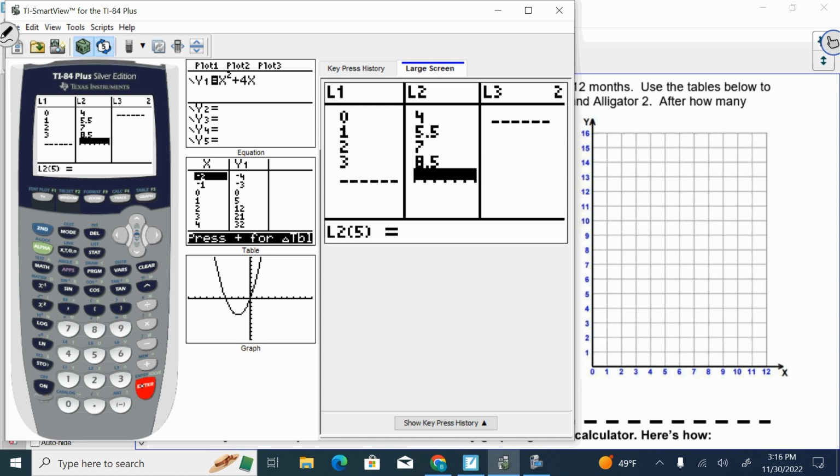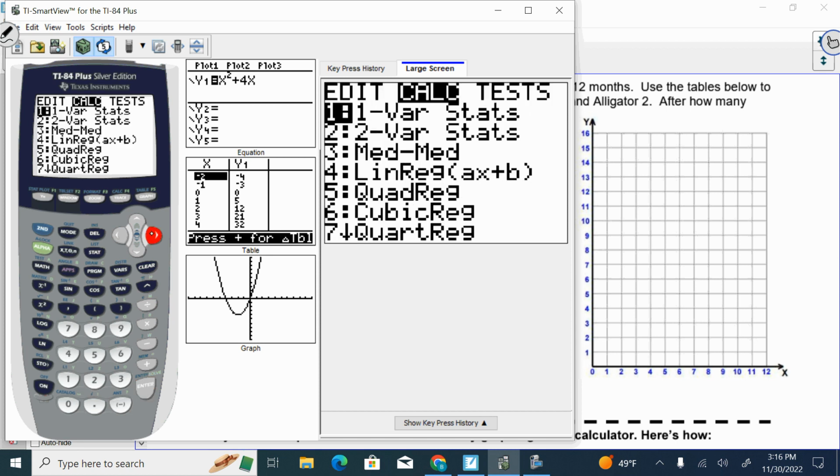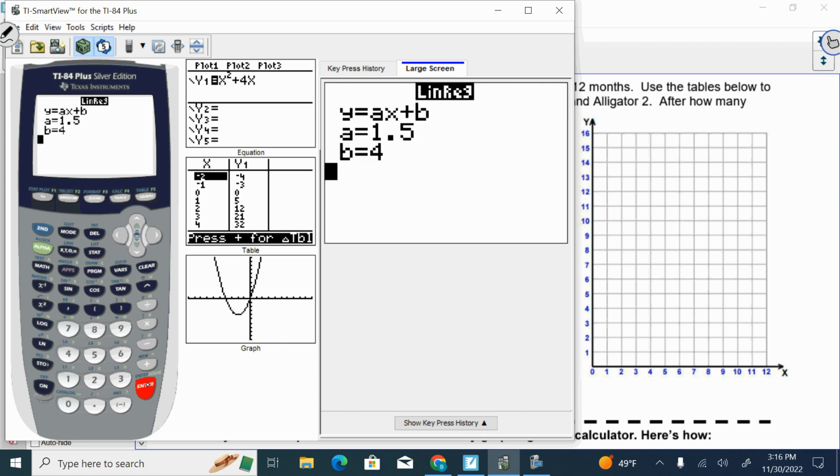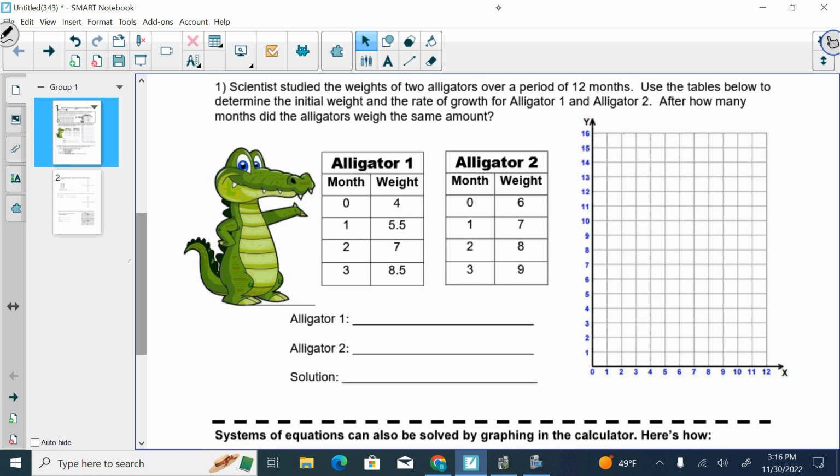Okay, so stat, calc 4, and what is that equation telling us that we should have for alligator 1? Very good. So we have y is equal to, he converted that to 3 halves, x plus 4. Good job. All right, now we need to do the exact same thing for alligator 2.